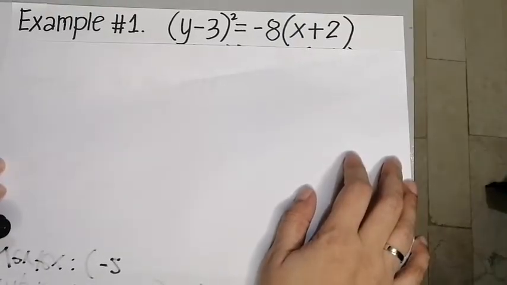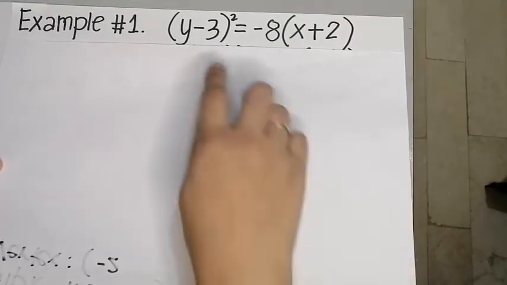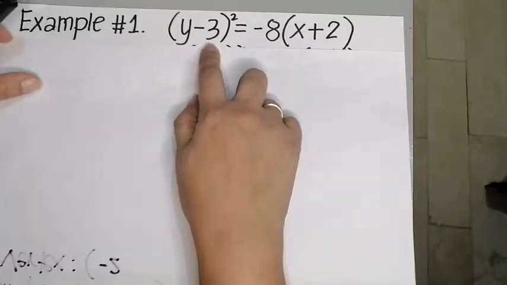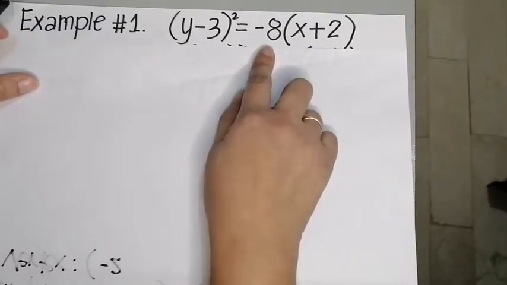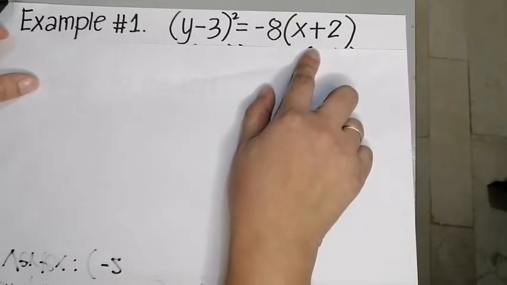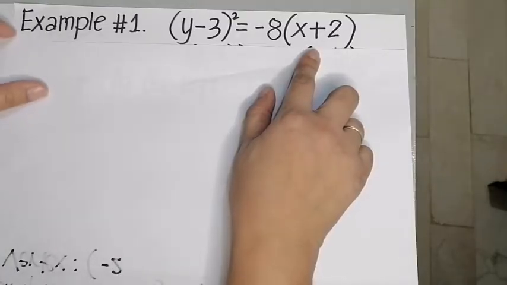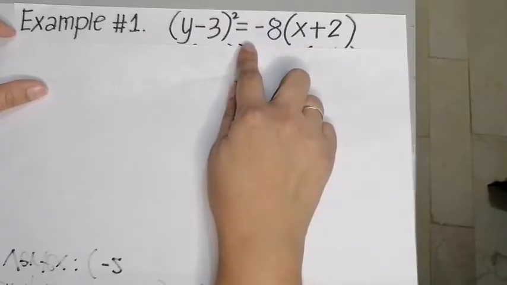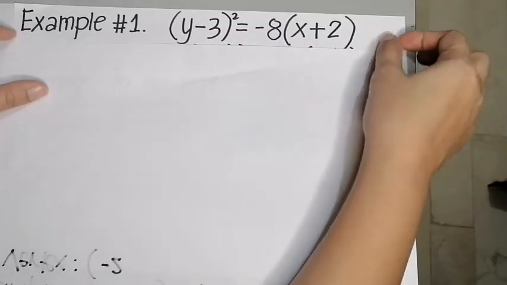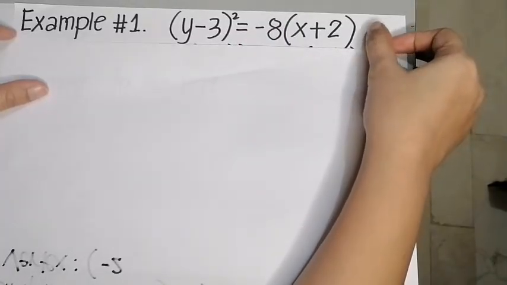Let's have our example number 1. The given equation is (y minus 3) quantity squared equals negative 8 times the quantity (x plus 2). For us to graph and determine the elements of this parabola, first you have to check whether the equation given is in standard form.